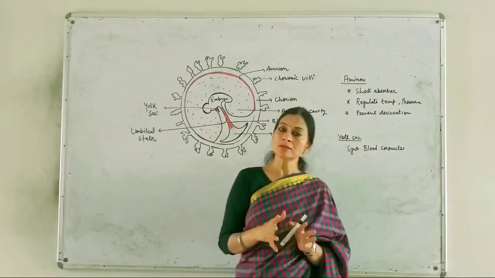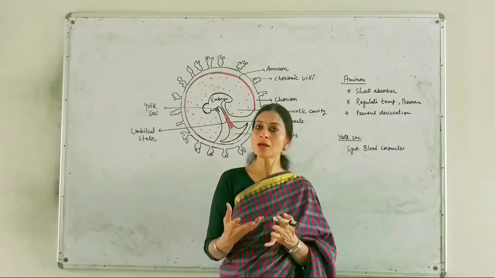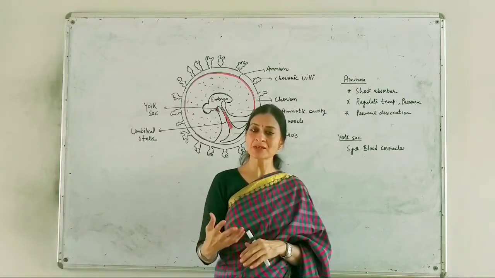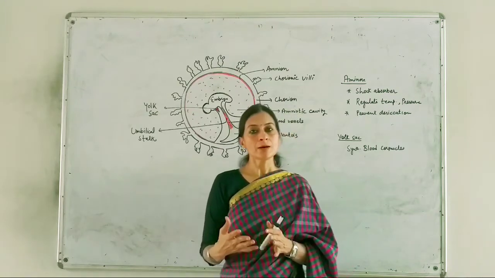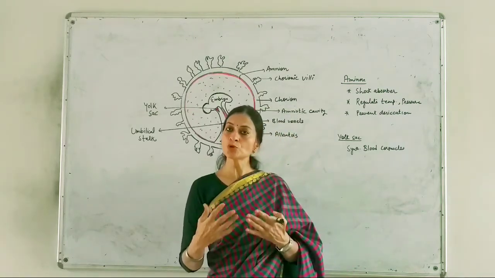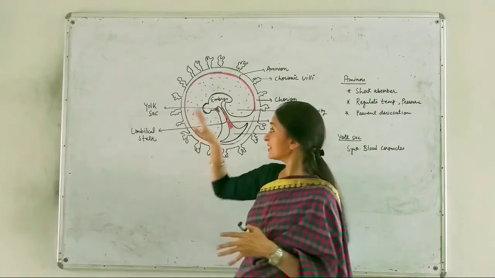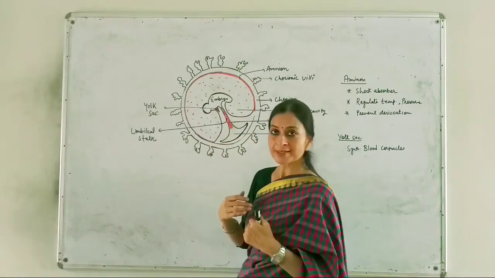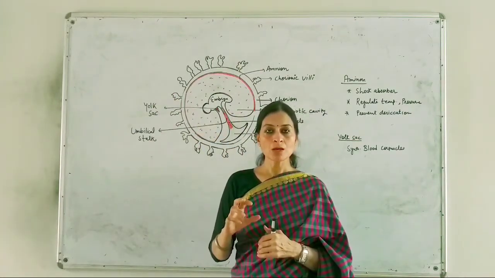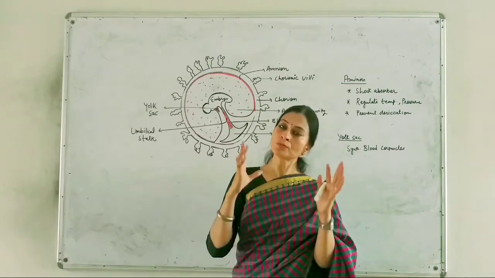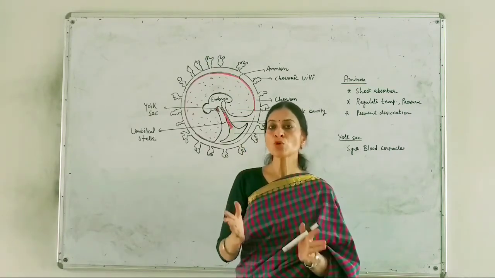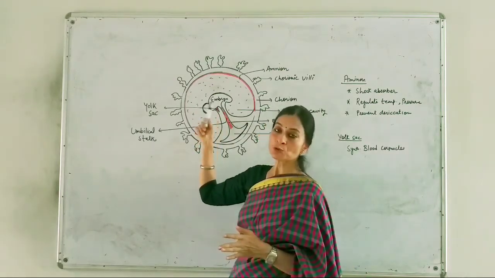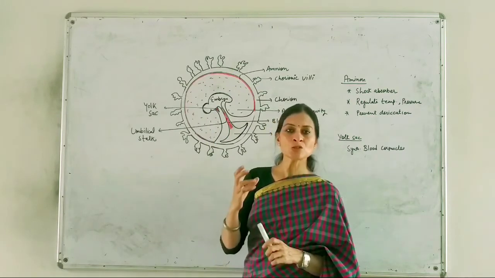The yolk is actually a nutritive material which is necessary for those organisms whose development is external, in which the embryo will develop on the food present in this sac. But you know that this whole structure in our case is going to attach to the mother's wall, and we are going to derive the nutrition from the mother. So there is no need of any sac-like structure that is going to provide nutrition to this embryo. Okay, so it is actually undeveloped.